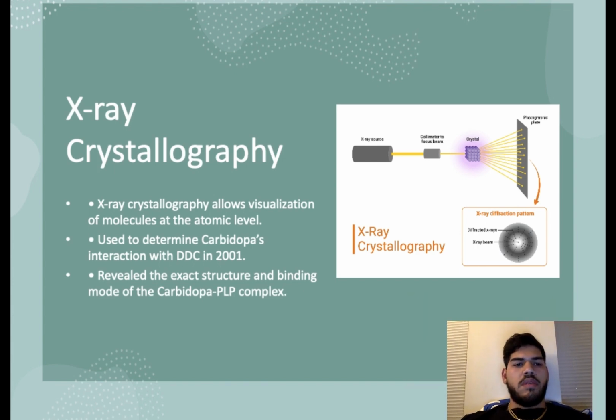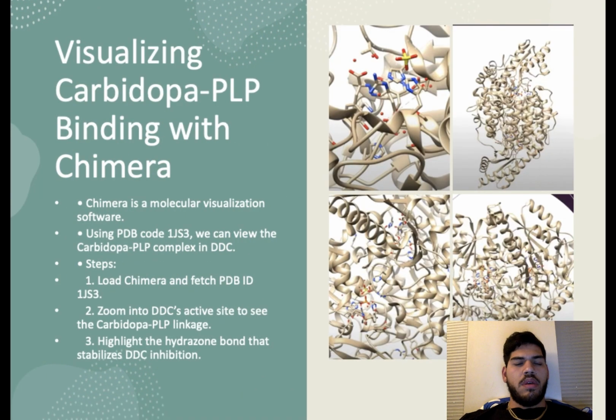To see this binding interaction in action, we have some pictures here from Chimera, the molecular visualization tool. First, we enter the PDB code, which is a structure ID for DDC with carbidopa bound. We can access the 3D structure of the enzyme and see carbidopa in the active site.